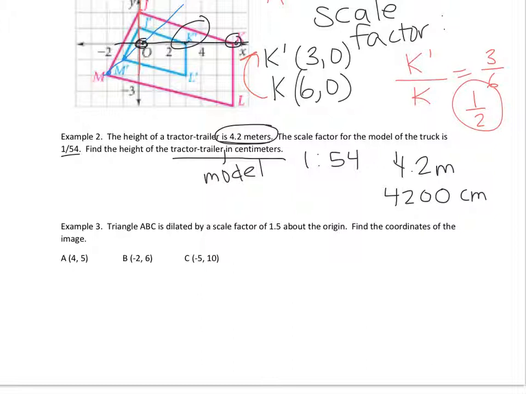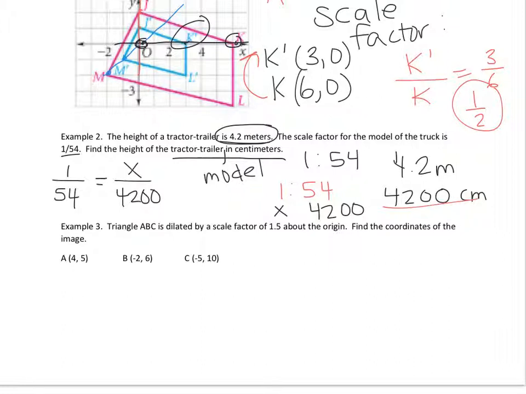So if the scale is 1 to 54, this is the larger one. So it's going to be 1 is to 54 as x is to 4,200. I'm going to set that up over here: 1 is to 54 as x is to 4,200.